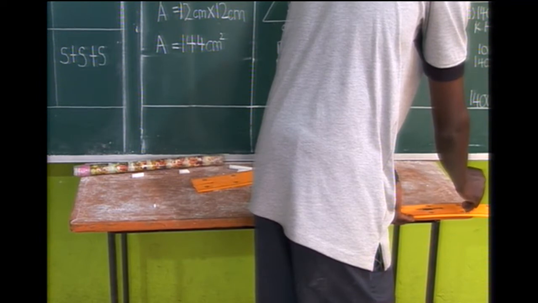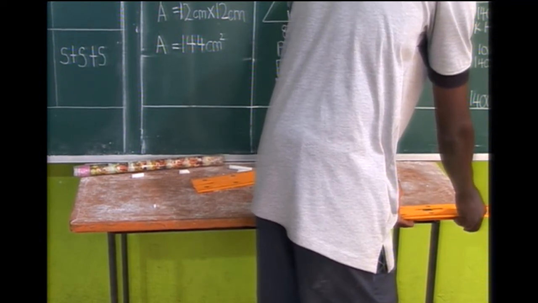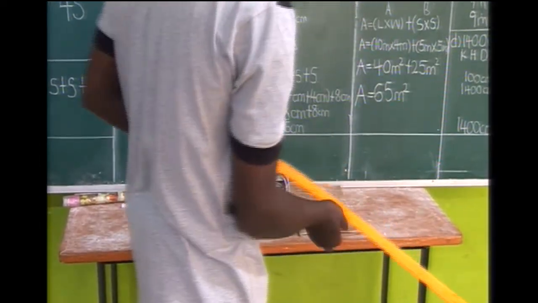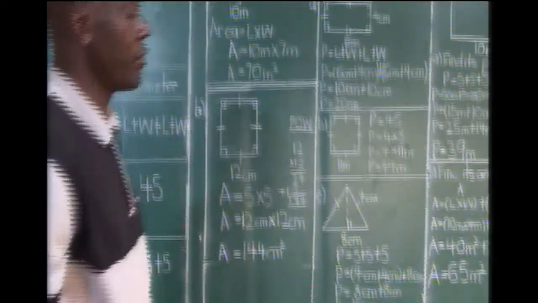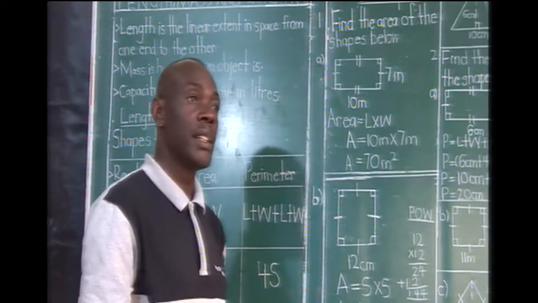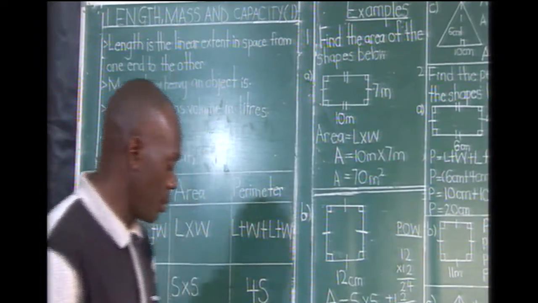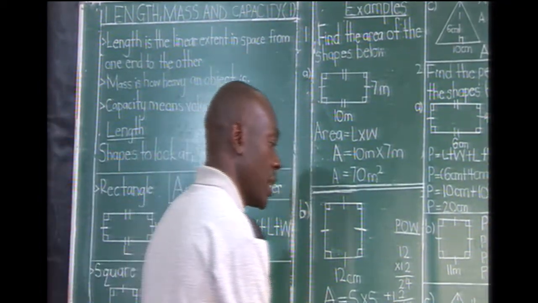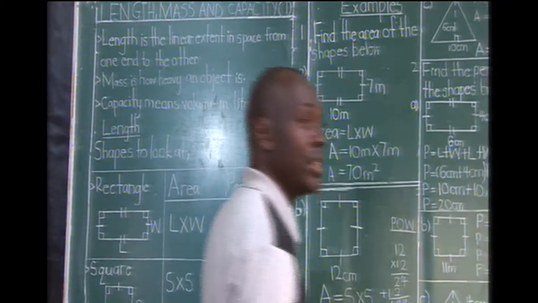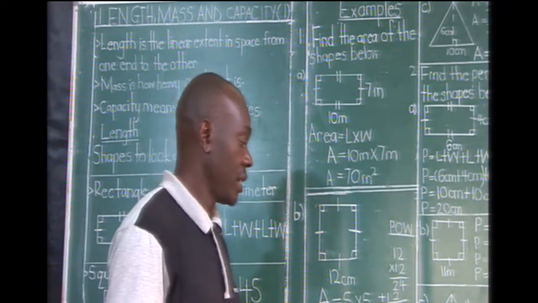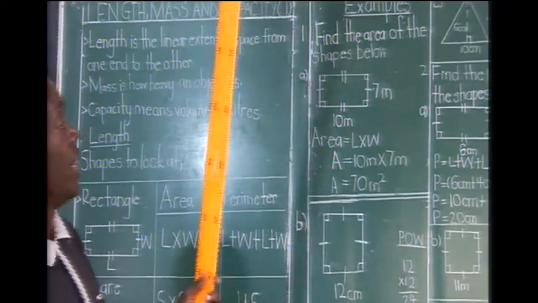So this is 25 centimeters added to 100 measured before. You add and get 125 centimeters. So the length of this table is 125 centimeters. In that way, you have measured what's called length.